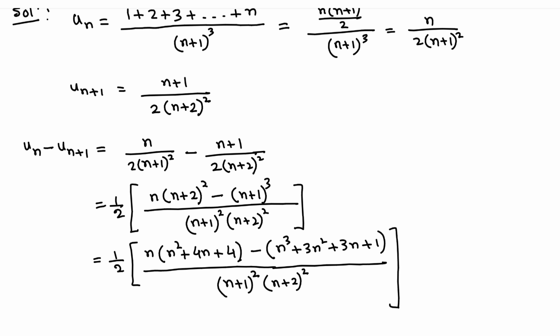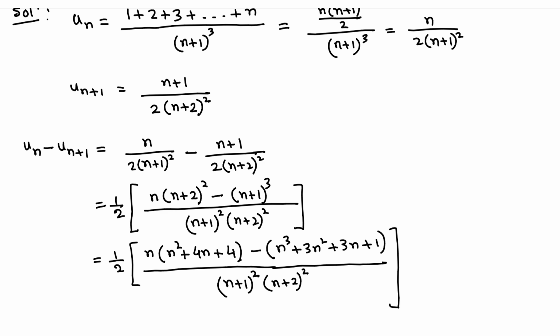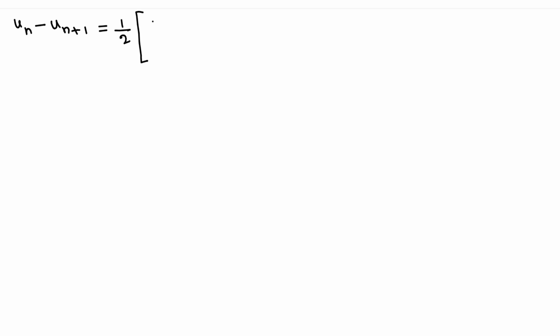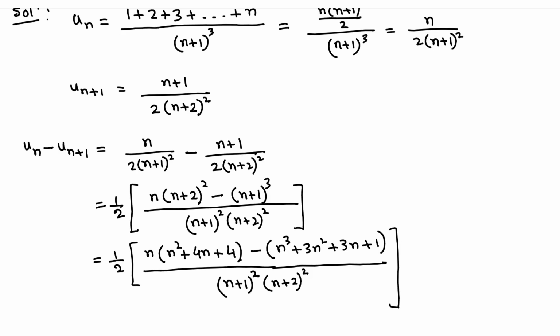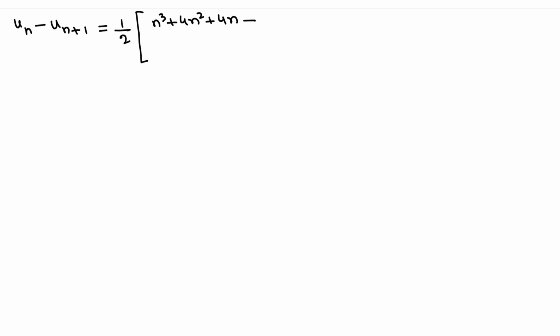Okay, so now if I simplify this, un minus un plus 1 equals half into, just multiply this, so this will be n cube plus 4n square plus 4n, minus n cube minus 3n square minus 3n minus 1.